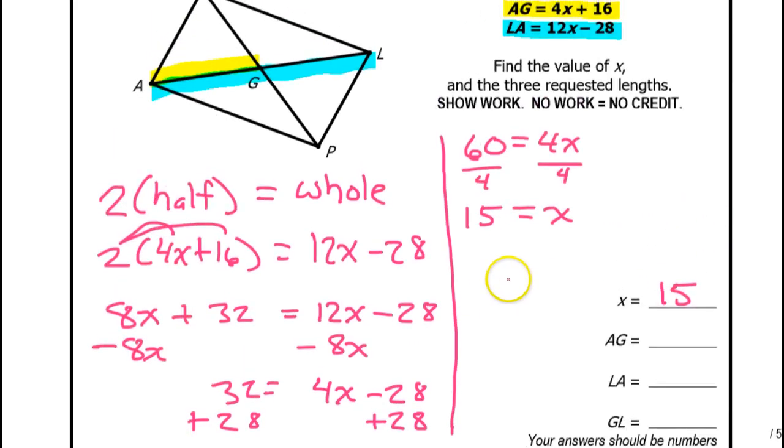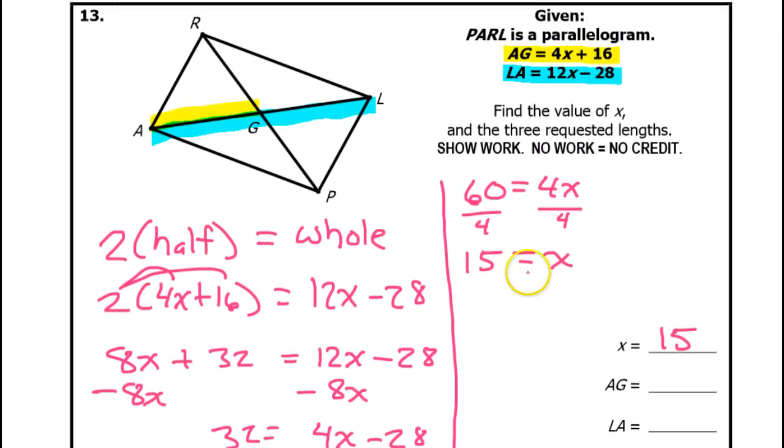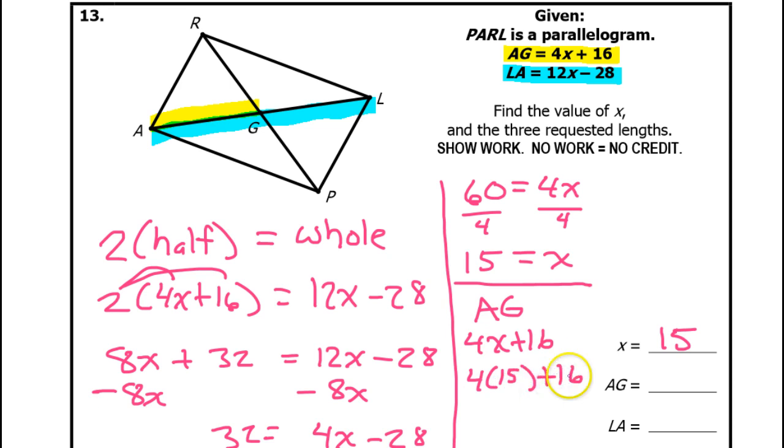Now I'm supposed to find AG. I have an expression for AG. Okay, so AG is 4x plus 16. So that's 4 times 15 plus 16.